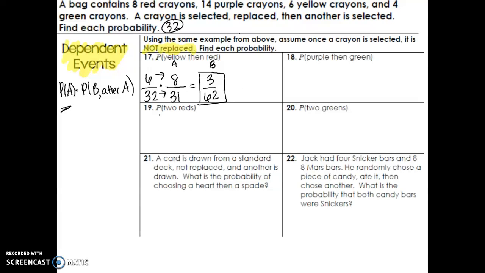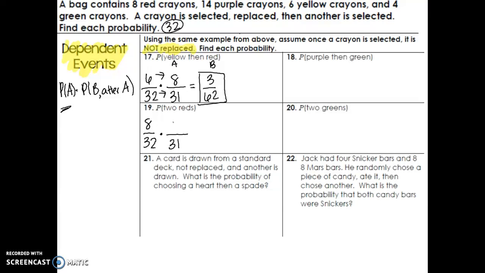Let's look at P of 2 reds. The probability of 2 reds, the first time, my P of A, that's my first red, that is going to be 8 out of 32. However, we keep that red crayon. So now there's only 31 crayons in the bag for my second probability, which is yet another red. Keep in mind we have one already.